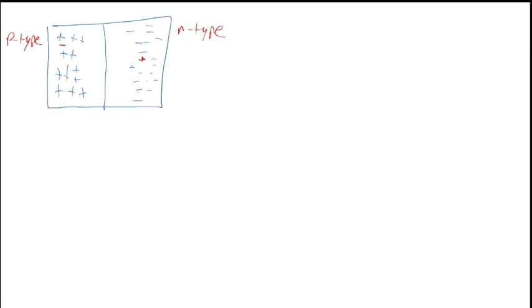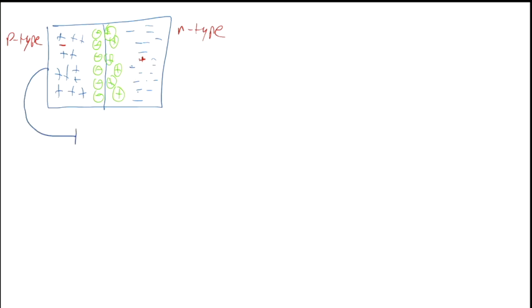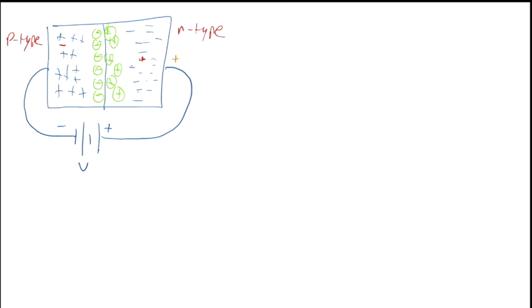So we start off with negative charges over here. If we connect a battery with a higher voltage on the N-type side, then we've got a voltage over here of a plus and a voltage over here of a minus.